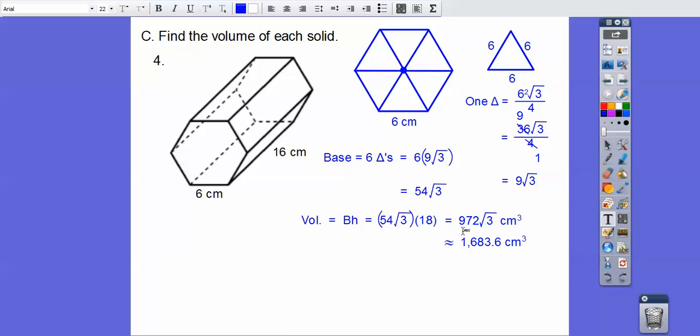So this should be 864 root 3, and if I do that in this calculator, root 3, I get about 1,496.5. There we go. My students didn't even catch that. So let's change that back to a 16. My bad, you guys.